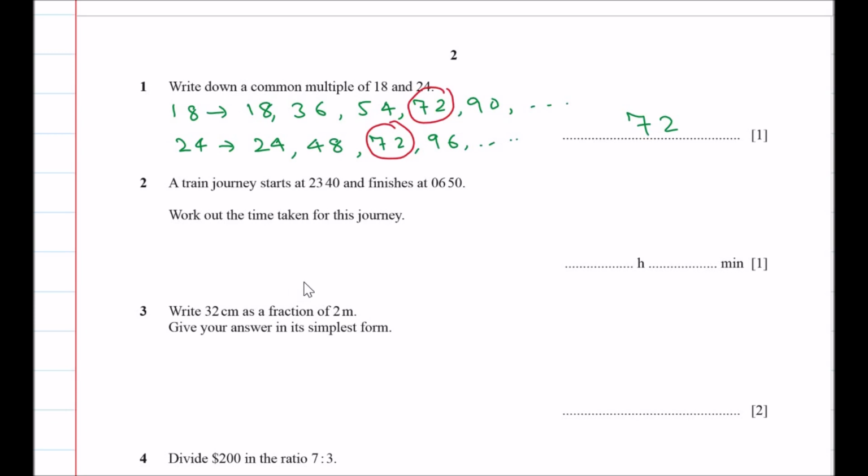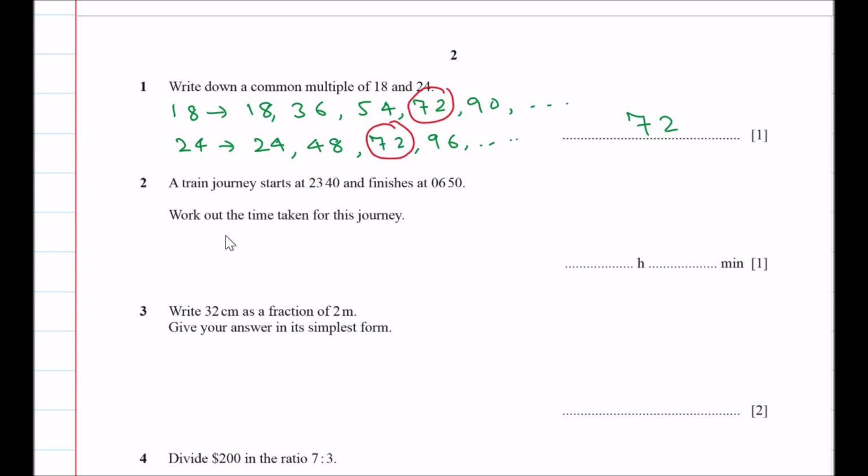Okay. Now question number 2. A train journey starts at 2340 and finishes at 650. Work out the time taken for this journey. So starting time is 2340.